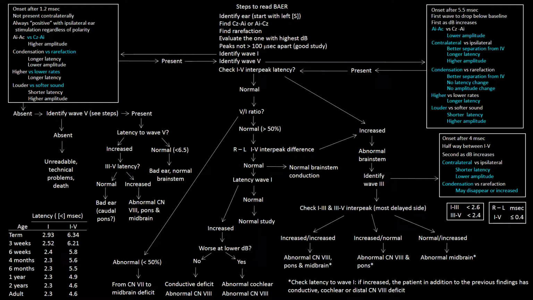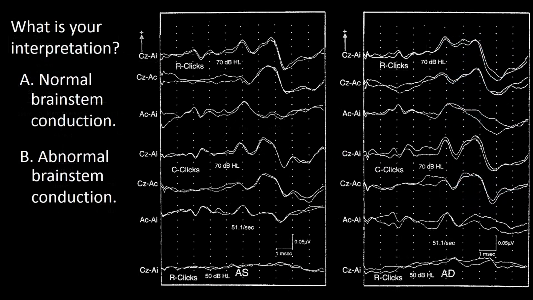From the prior discussion, you can surmise that taking the same step to identify wave 1 and wave 5 on the right side and making the same considerations when we do so will reveal that the brainstem auditory conduction brought about by right ear stimulation is normal, as pointed out in this frame. So the answer to this question is A.